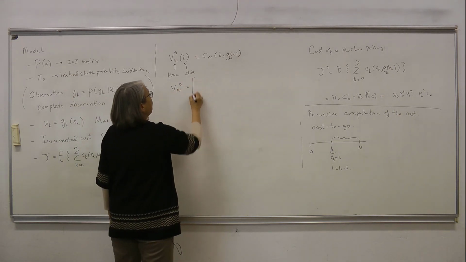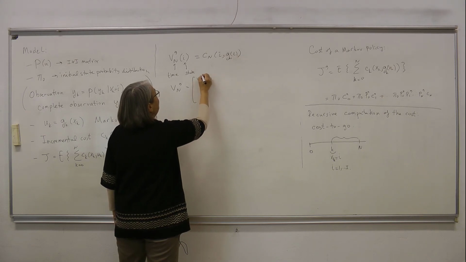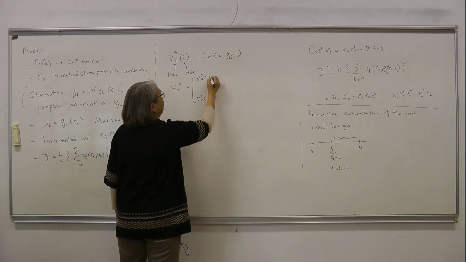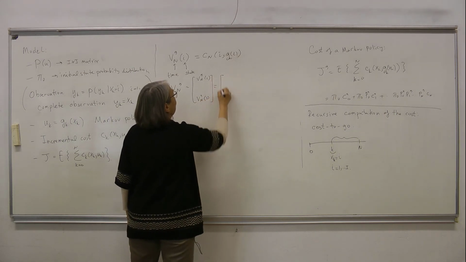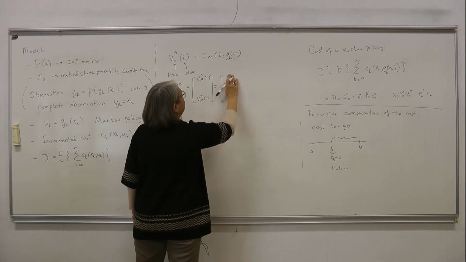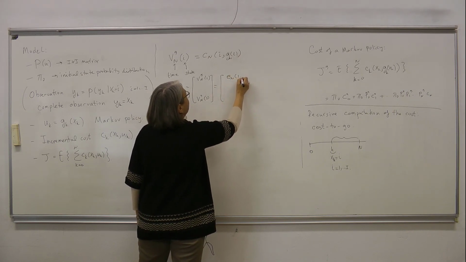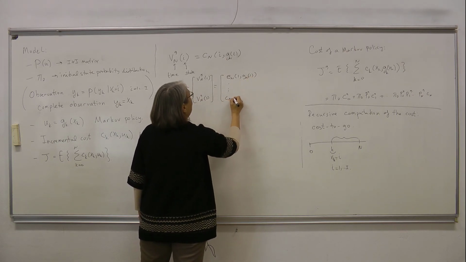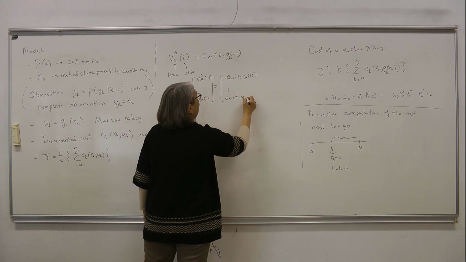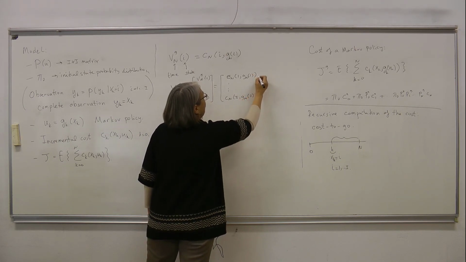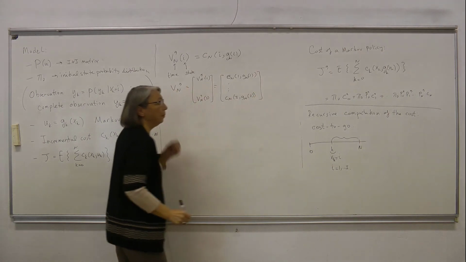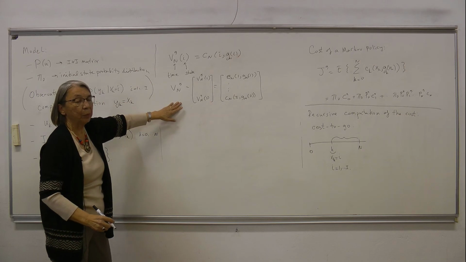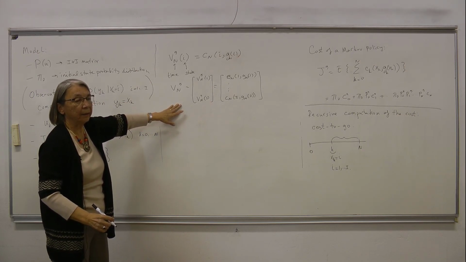The elements of this vector are V_n^g of 1 up to V_n^g of capital I, the number of states, which is equal to C_n of 1, g_n of 1, up to C_n of I, g_n of I. So for the final time, we have computed the cost to go for each I. In other words, we have computed this cost to go vector there.